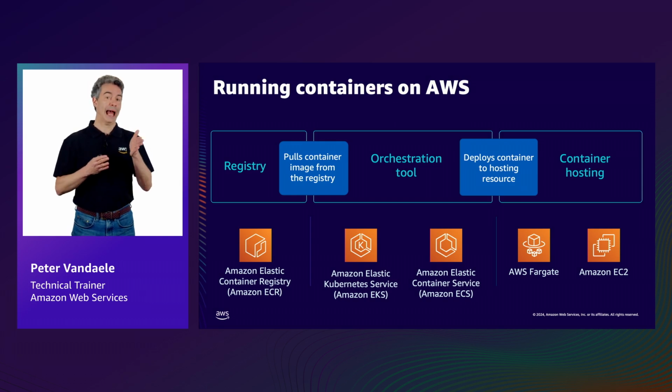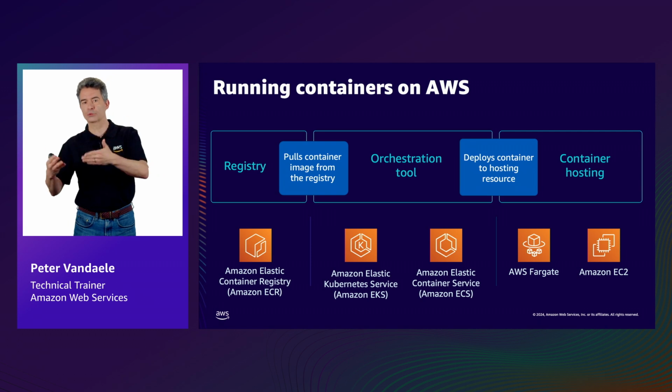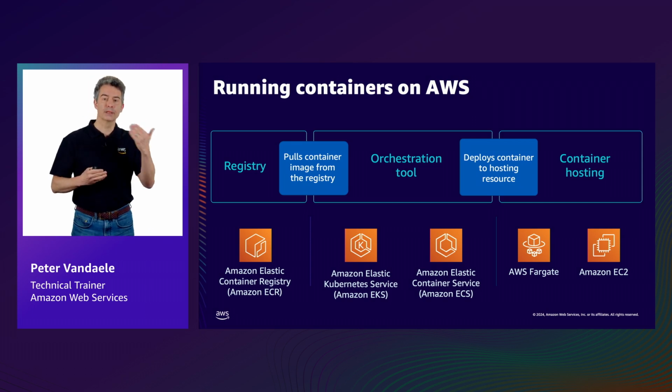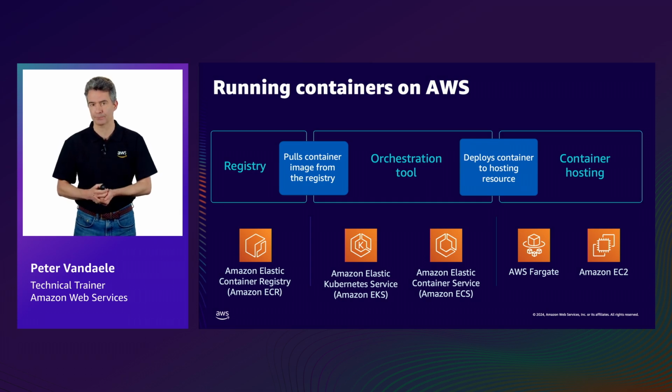These are Amazon Elastic Container Service, or ECS, and the other service is called the Amazon Elastic Kubernetes Service, or EKS. These services help manage the scaling, networking, and maintenance of your containers. They help you manage containers, startup and shutdown, monitor container health, deploy updates, and manage failover and recovery.